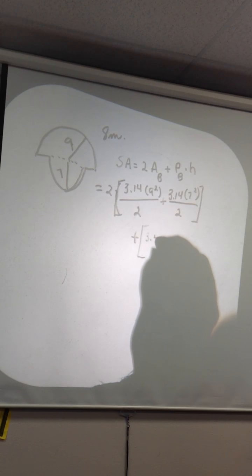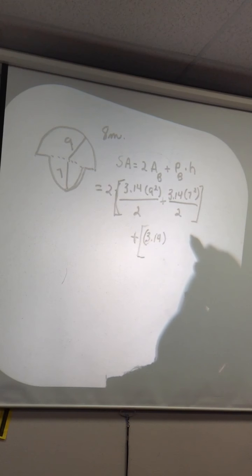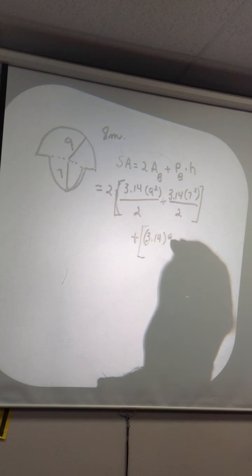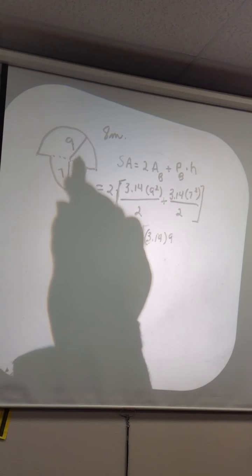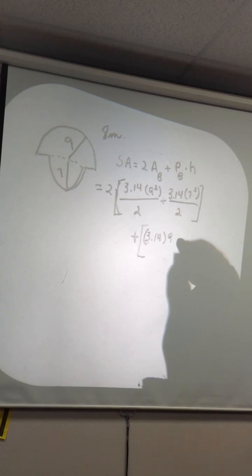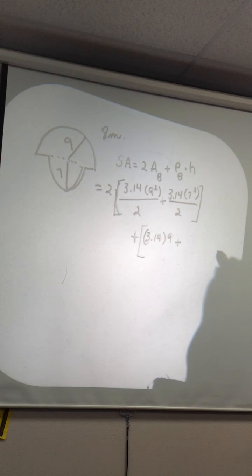3.14 times 18 divided by 2. What is 18 divided by 2? 9. To find the circumference of a semicircle, you only have to use the radius. You don't have to do the other, okay? Plus, what else?